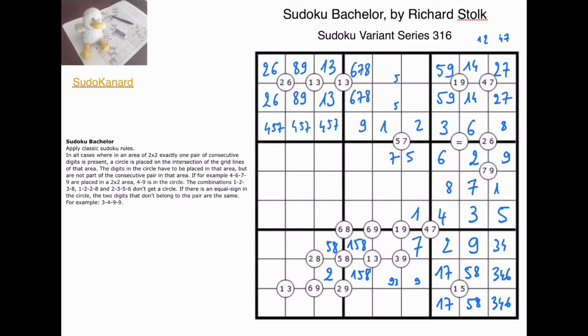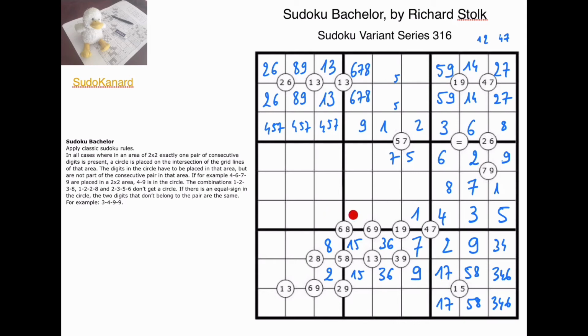So we get a 6 here, so that's 3 or 6. This one is a 9, or a 3. No, 3 has also to be also here, so that's 3 or 6, consecutive with 5. So 8 has to go there.